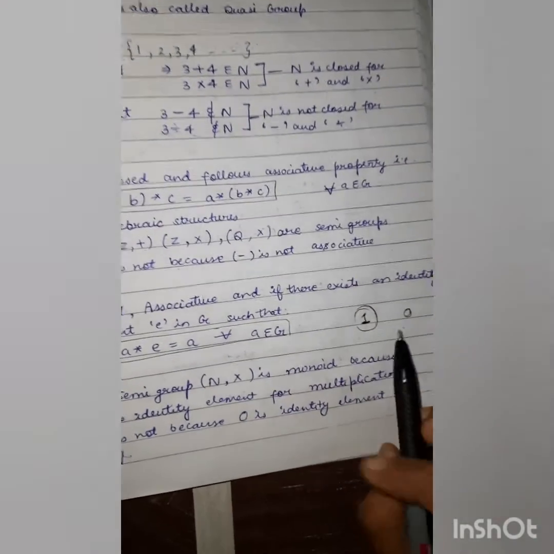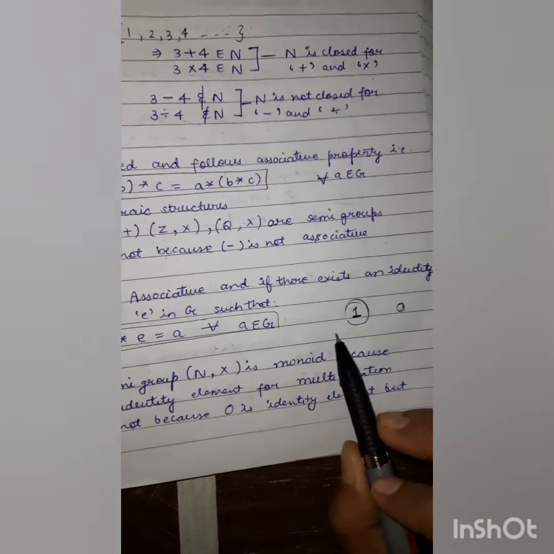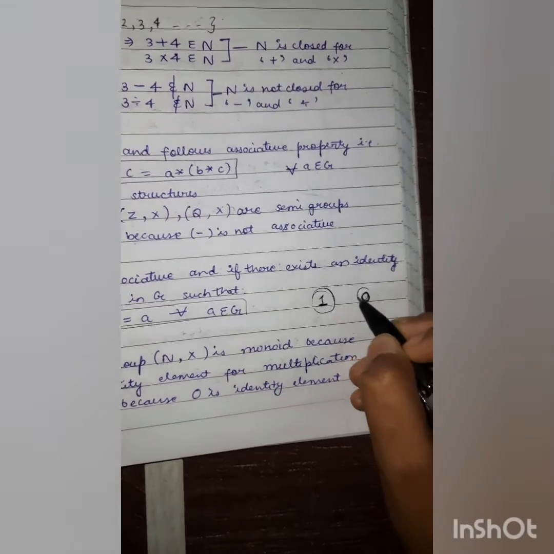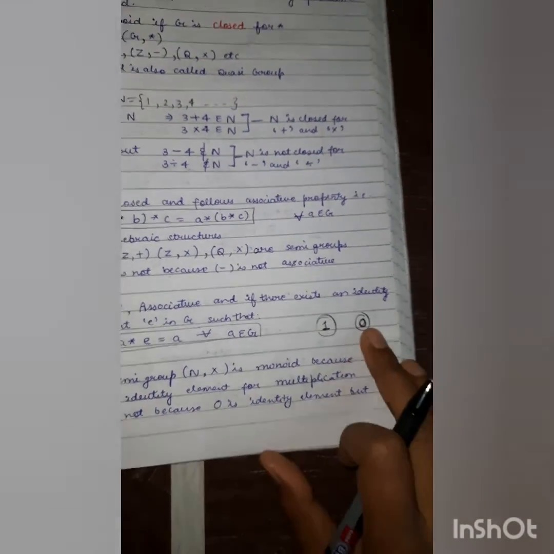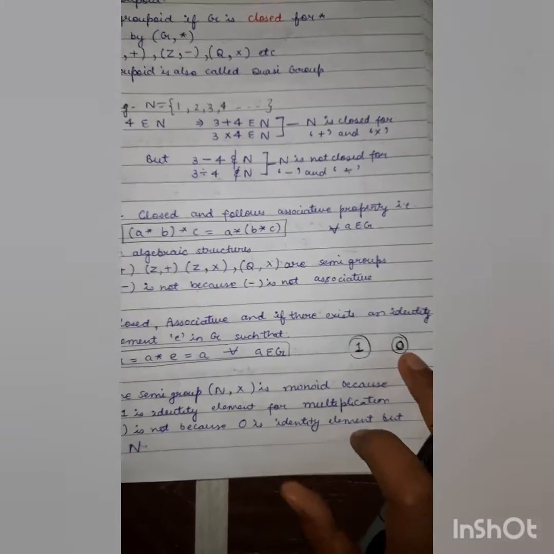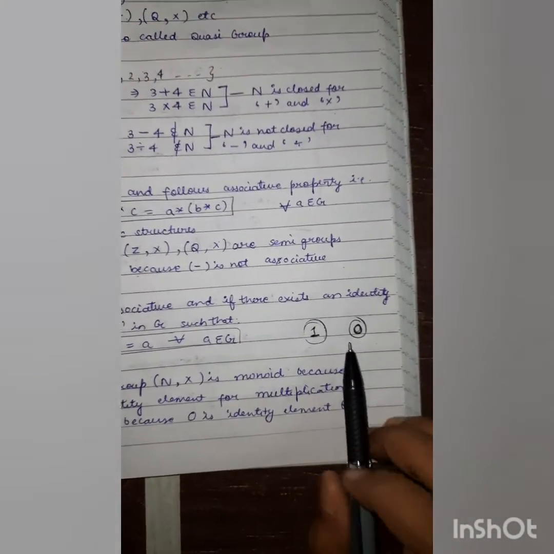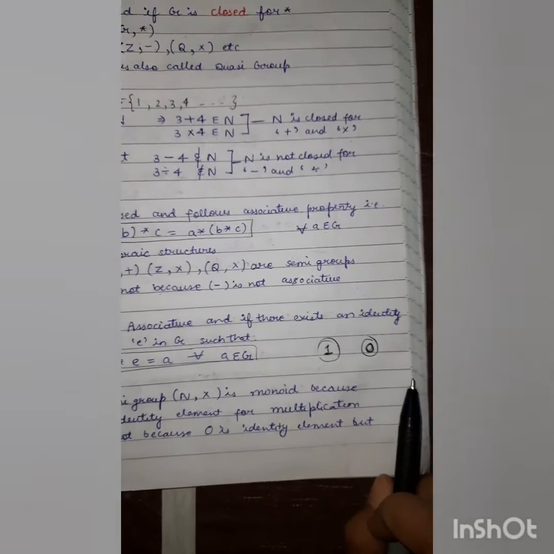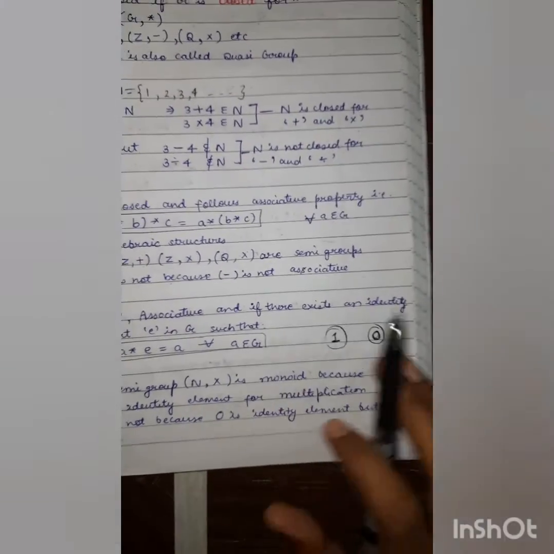So 1 is the identity element for multiplication, and 0 is the identity element for addition. If we add 0 with any number, then we can see that there is no change.